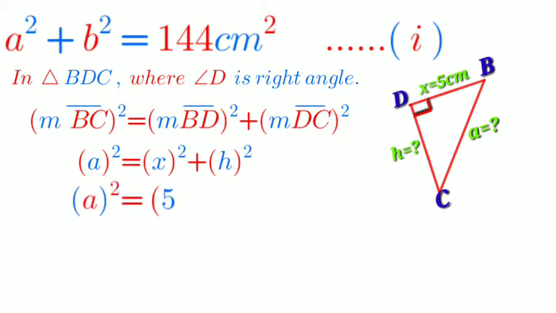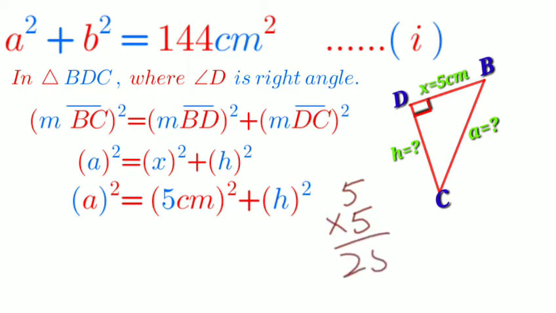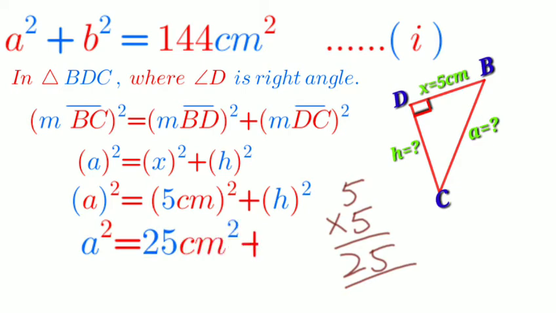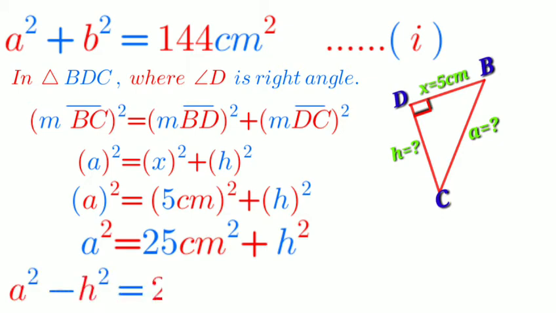So by putting the value of X, which is 5 centimeters, the square of 5 centimeters is 25 square centimeters. So equation number 2 becomes A square minus H square is equal to 25 square centimeters.